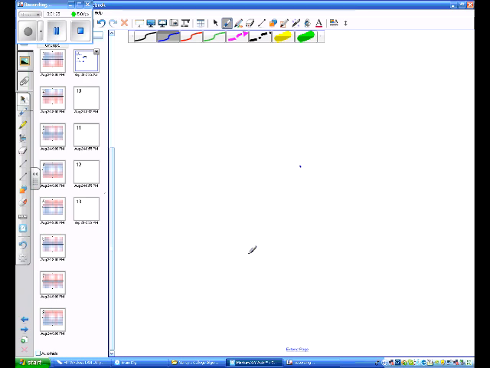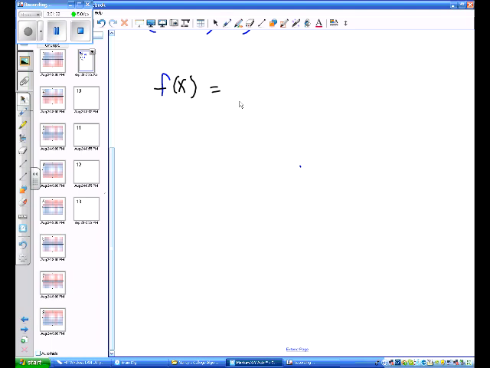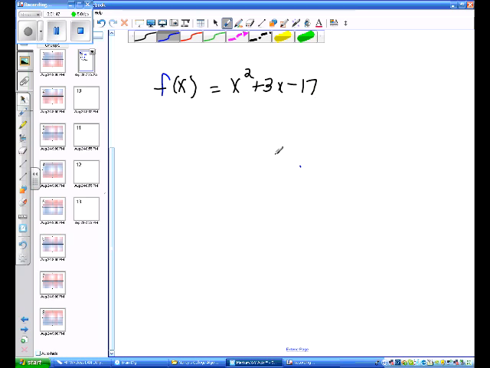So let's start with f of x is equal to x squared plus 3x minus 17. Now, when we want to consider if this domain is limited, what we look for is there a variable in the denominator, so that our denominator might be 0?